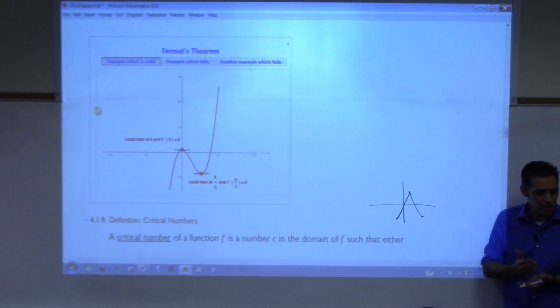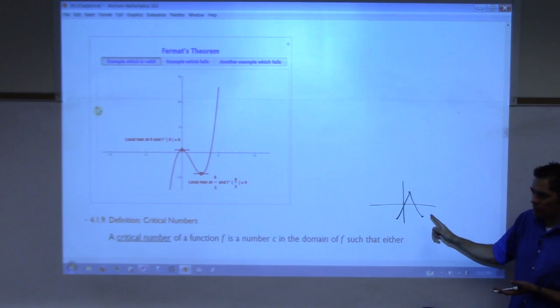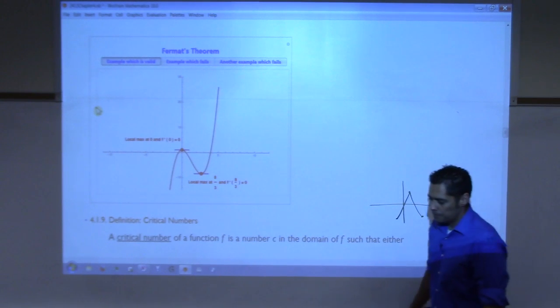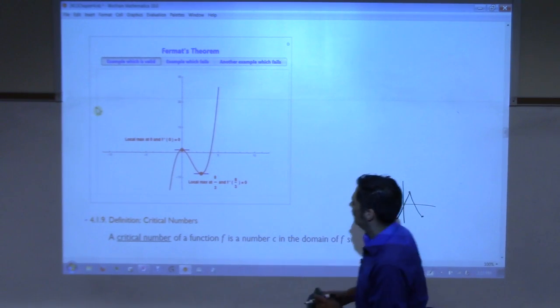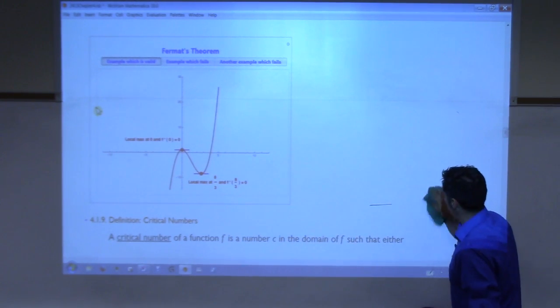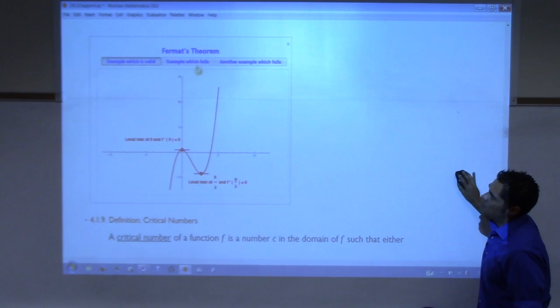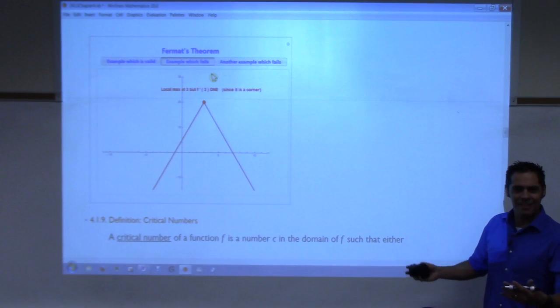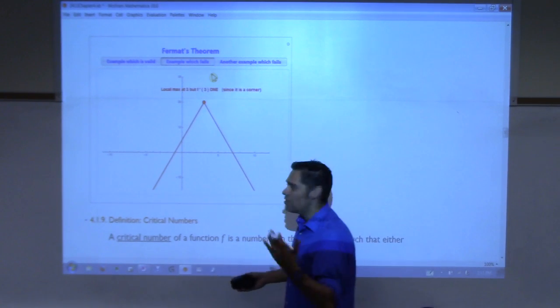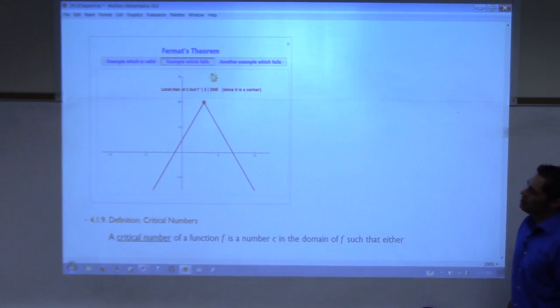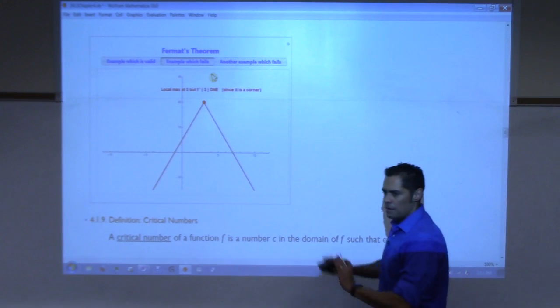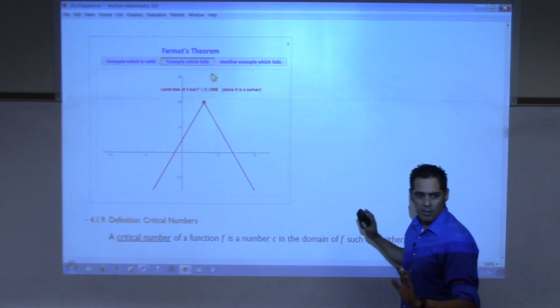Do you understand? The theorem does not apply to this situation. So here's an example that fails. Local maximum, derivative doesn't exist, theorem's out the window. Can't use it.